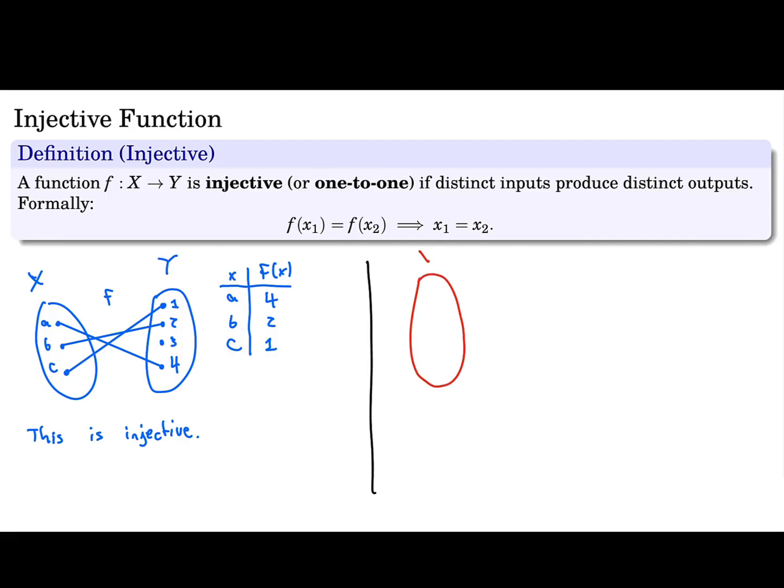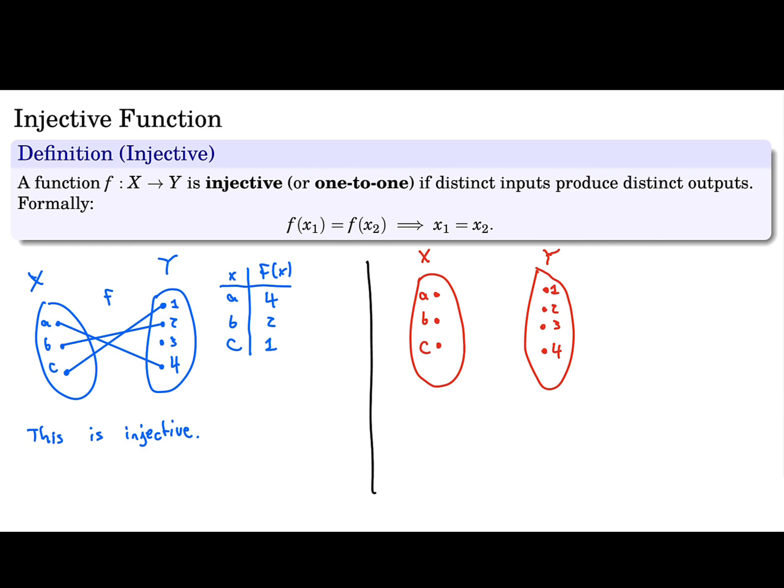So let's say x again is going to be a, b, and c, and our y is going to be 1, 2, 3, and 4.